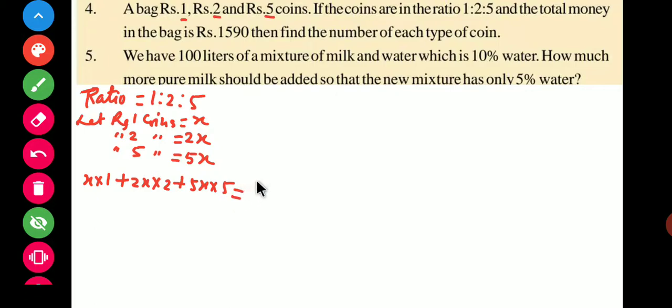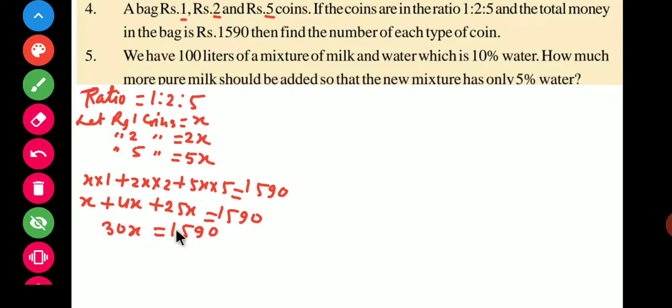It is given that the total is 1590. So what will happen? x plus 4x plus 25x is equal to 1590. So it is 30x equal to 1590.